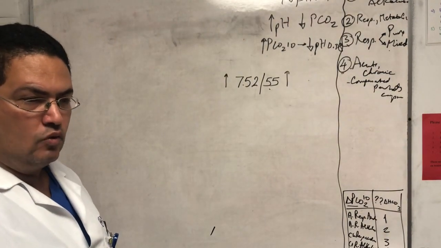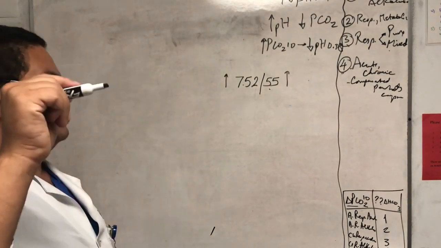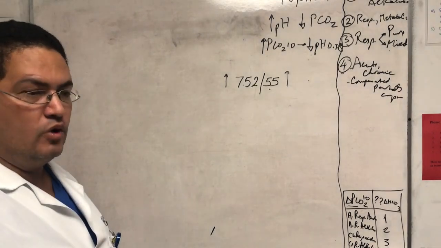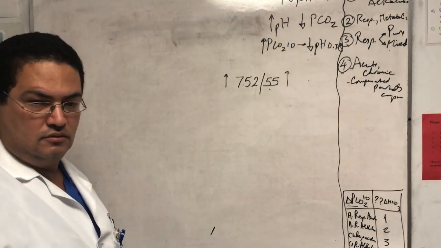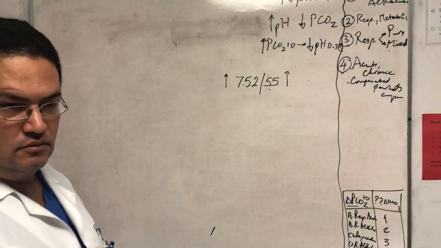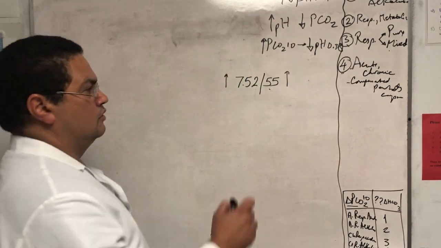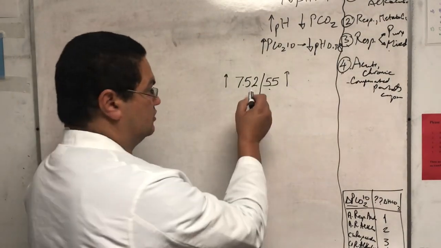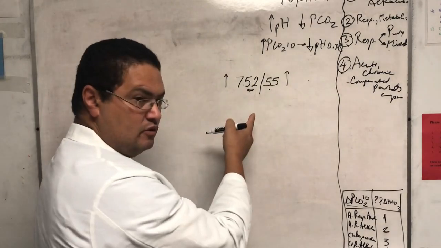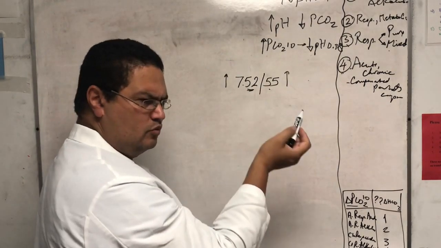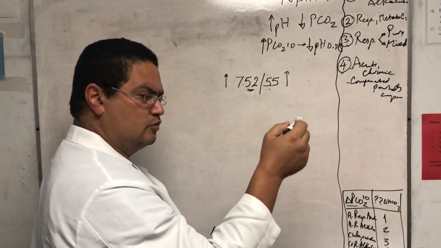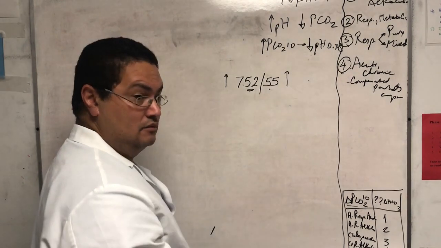So let me ask you this. What would be the PCO2 to have full compensation? Do the calculation. 7.52, you want to make it 7.4, right? So that's like 0.12. So that's 0.08 plus 0.04. So it's about 15.